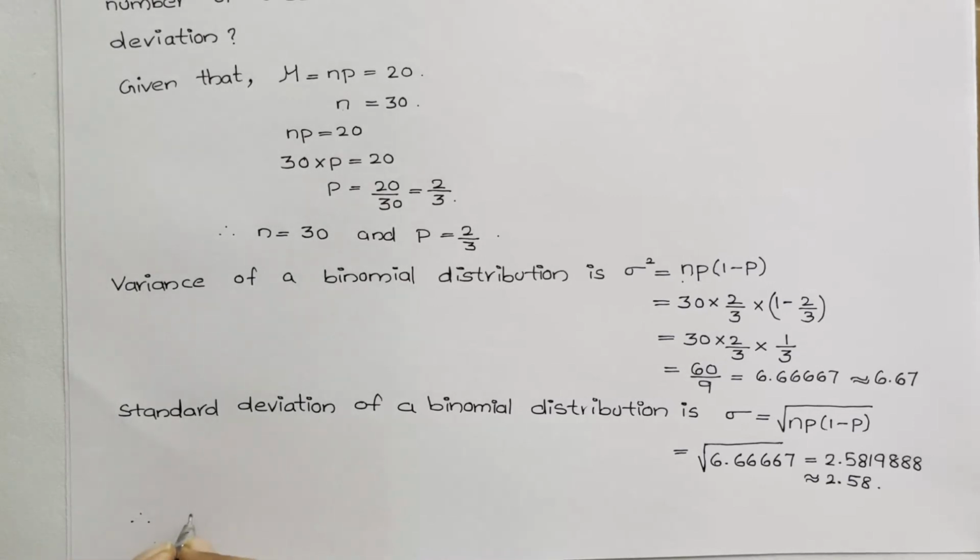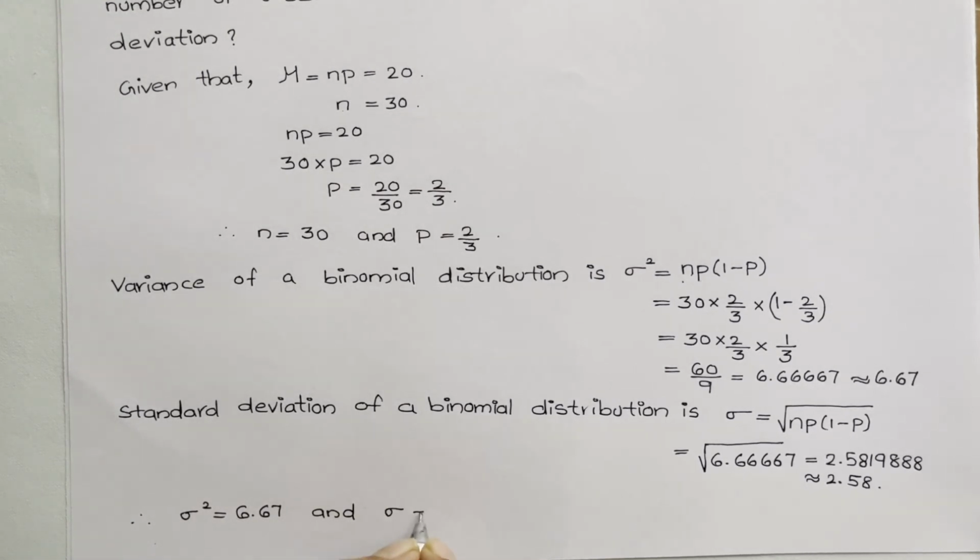Therefore, we get variance equal to 6.67 and standard deviation equal to 2.58.